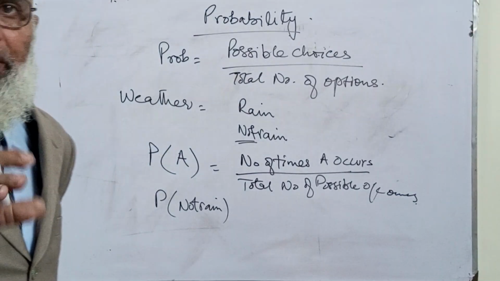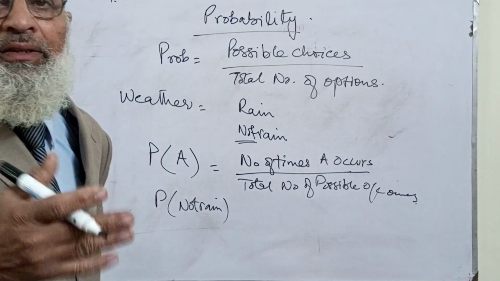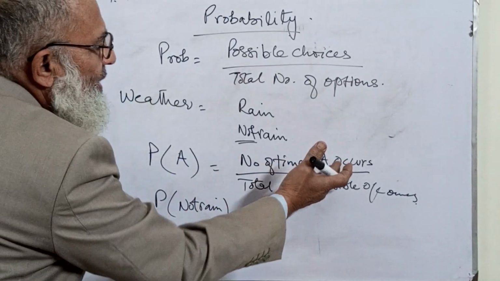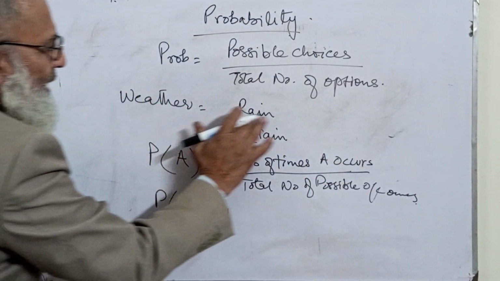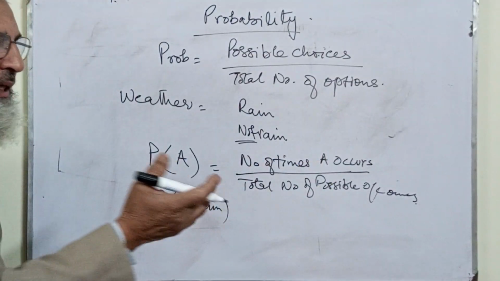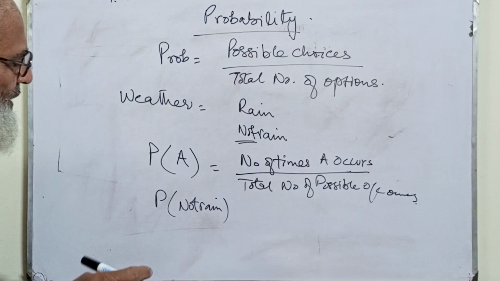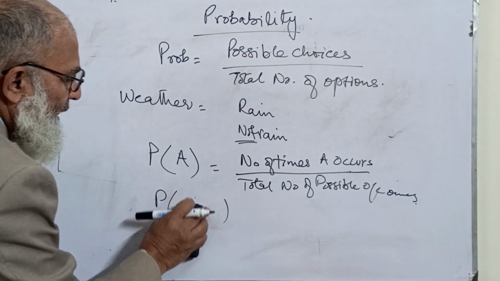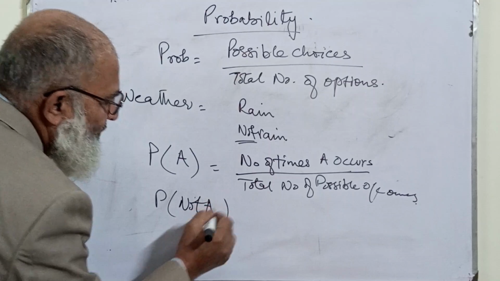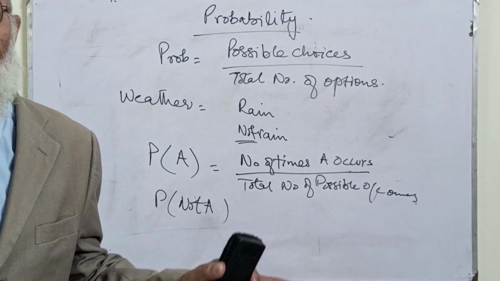My first forecast was that it will rain, and the second thing is not A. A is rain, and not A is that it will not rain. You can also write here not A, which means it will not rain.